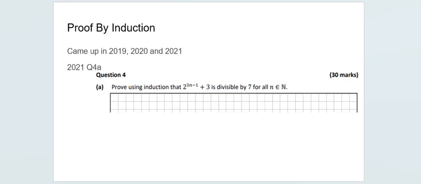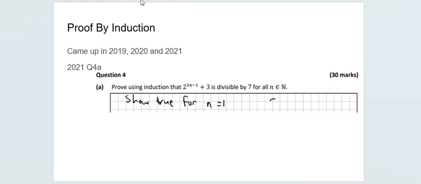Right, so I've only got a couple of things left. Proof by induction. So this came up in 2019, 2020 and 2021. So you start that by letting n be 1. So show true for n equals 1.